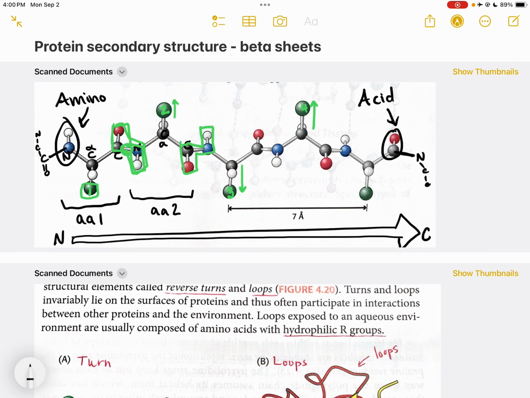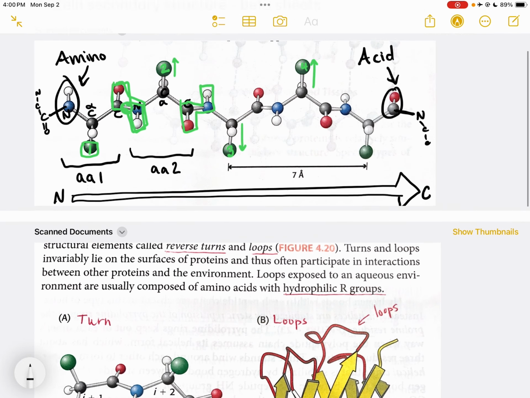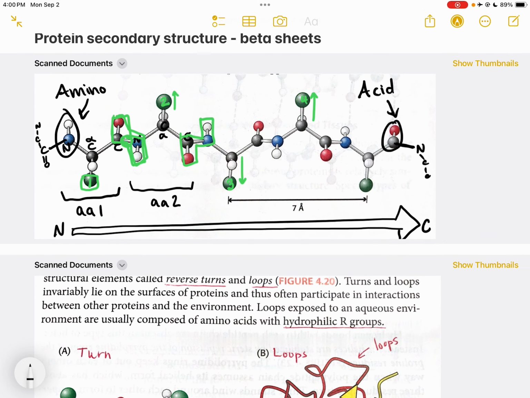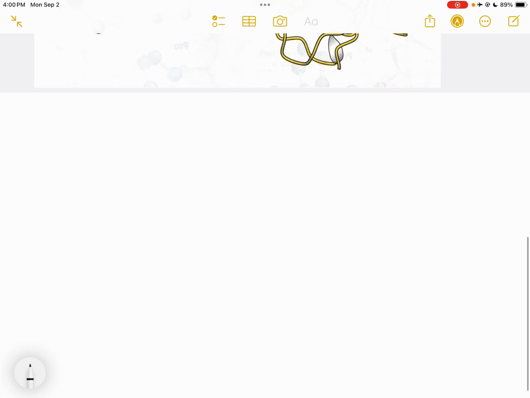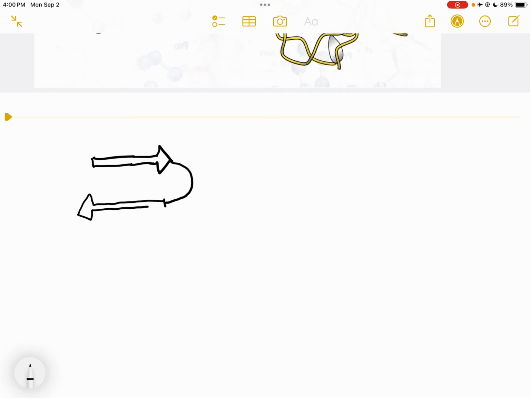Okay, so these strands can be put together to make what we call, I think I'll skip down here, you can put these strands together, and if you connect 3 amino acids in there, you can do another strand.